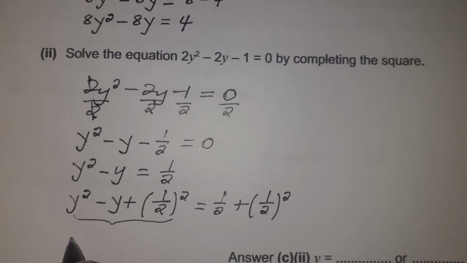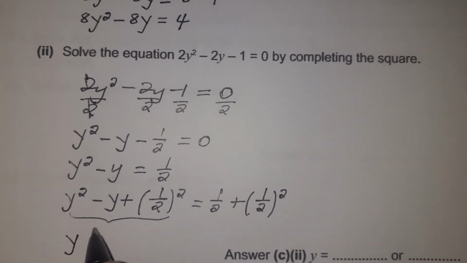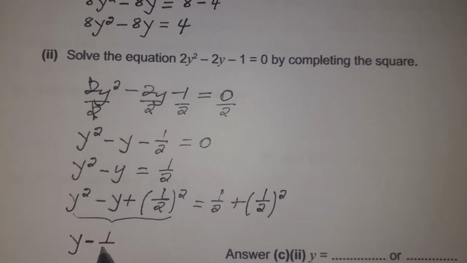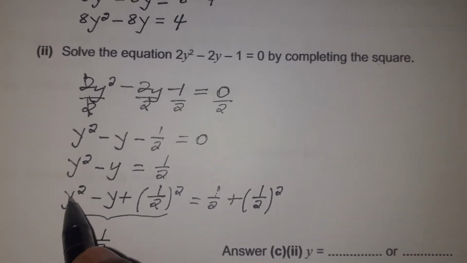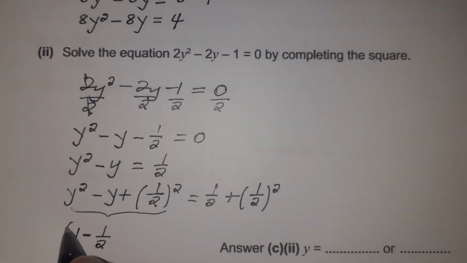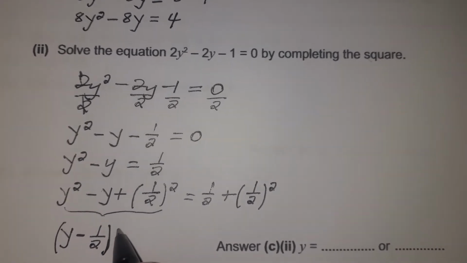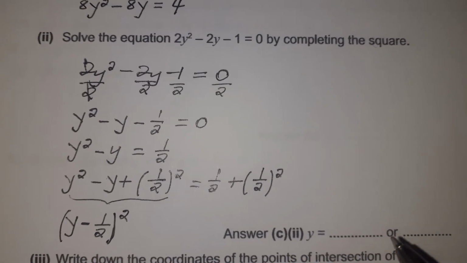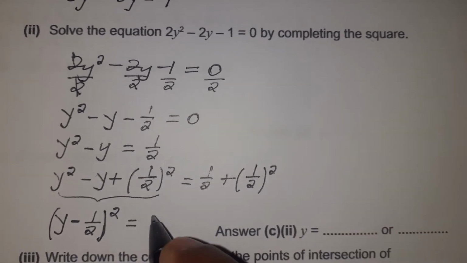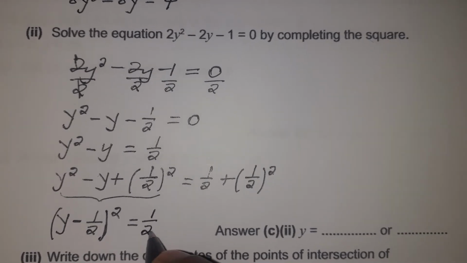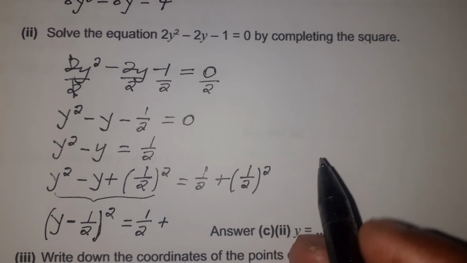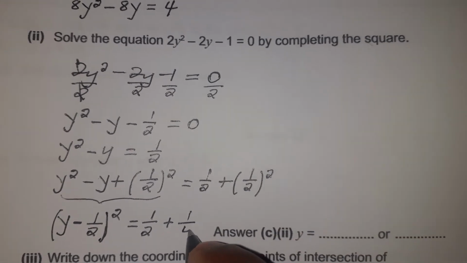We write y and then minus 1 over 2. We do not write the squares, we only write y minus 1 over 2. Then we put them in brackets and we square. And then we write equal. We can now write 1 over 2, and we can simplify that. 1 over 2 squared is 1 over 4.